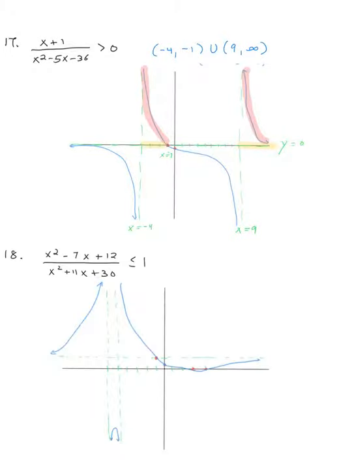So here we're using the graph from problem 12, and I want to know where the graph is below y equals 1. So labeling all of the correct places, we have the vertical asymptotes at negative 6 and negative 5. This thing crossed over the horizontal asymptote at negative 1. So we want every spot that this graph is below 1.